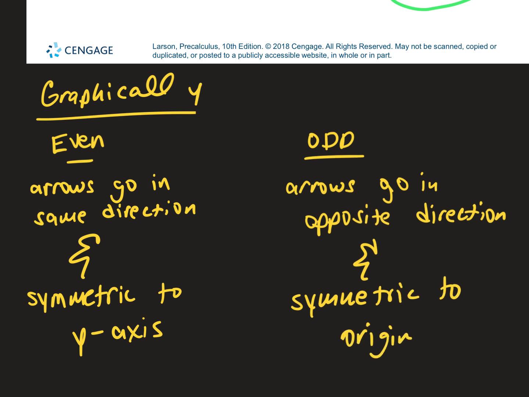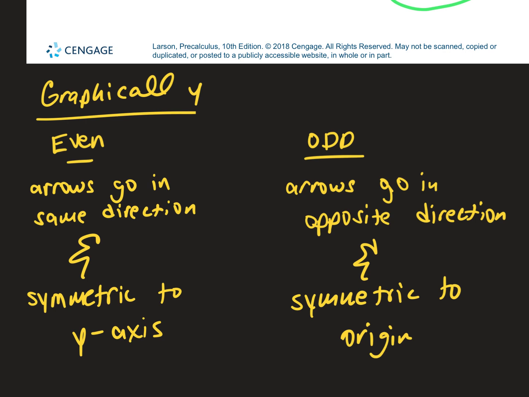All it means is it goes through the origin. So in order for a function to be even graphically, you're going to see a picture and it's going to say, is this odd, even, or neither? If it's even, both of the arrows have to be going in the same direction and the y-axis has to cut it in half. If it's odd, the arrows are going in opposite directions and it has to be symmetric to the origin, meaning it goes through the origin.